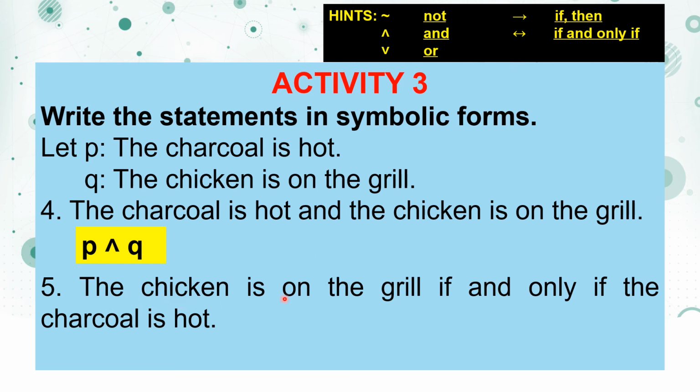The chicken is on the grill is the proposition Q. So we write Q, and the symbol for if and only if is this one. So we write this. Ito na yung symbol ng ating if and only if. The charcoal is hot is the proposition P. So we write P. So Q, if and only if P is the symbol for this statement.